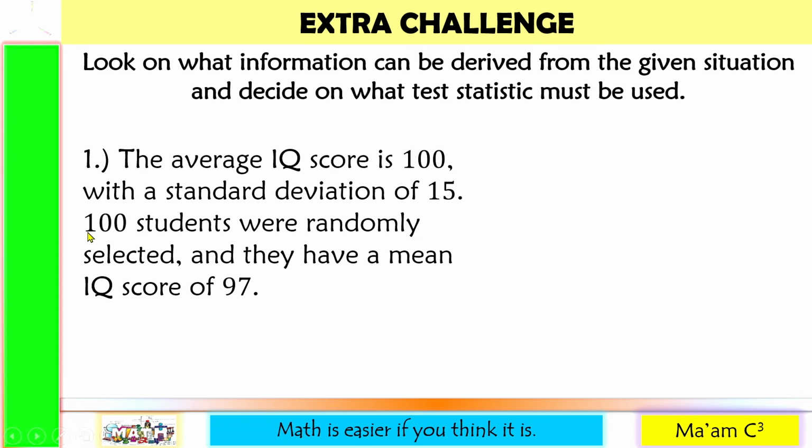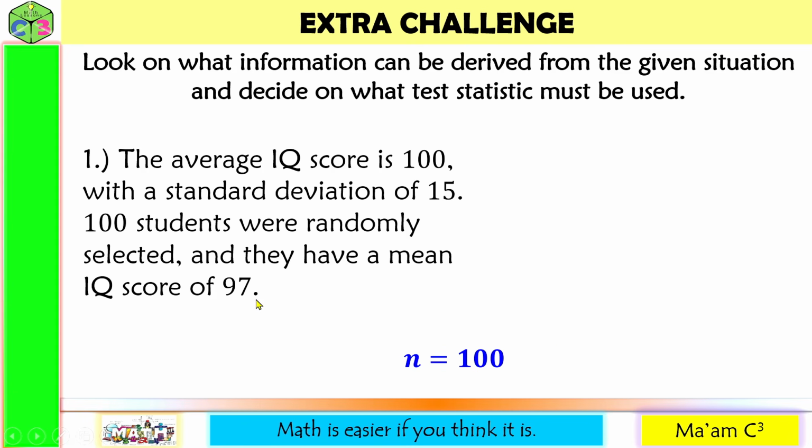So here it says 100 students were randomly selected. So it means this is my sample size. n is equal to 100. And they have a mean IQ score of 97. This 97 is the mean of 100 students, meaning since 100 students is my sample, this 97 is my sample mean.